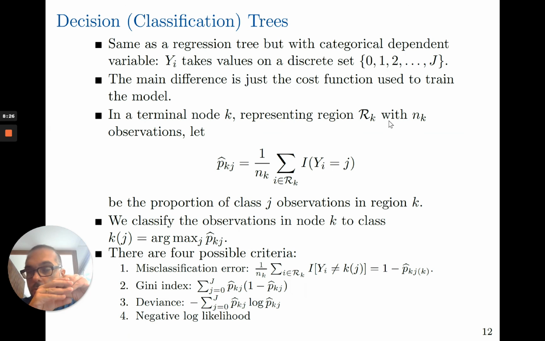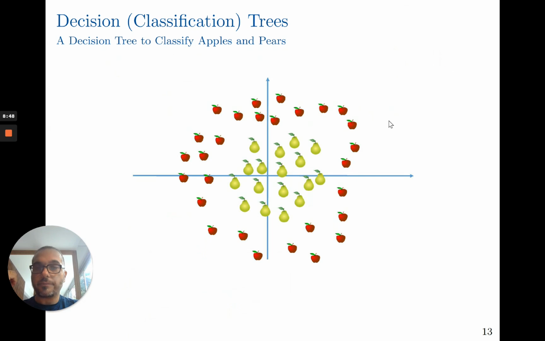Here, the local model will be the maximum proportion, and we are going to train the model by minimizing one of these four criteria, which we can discuss more during our lecture on Friday.